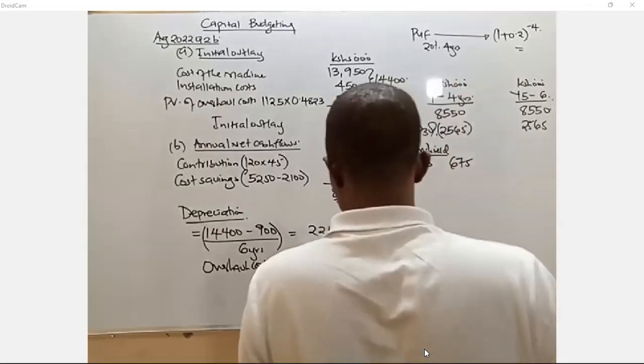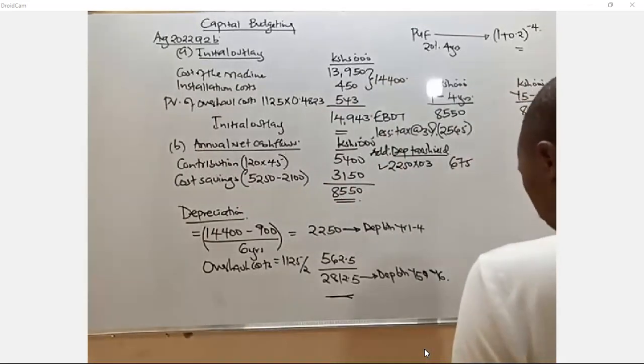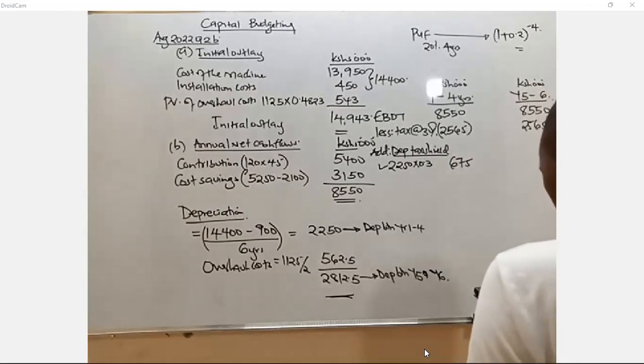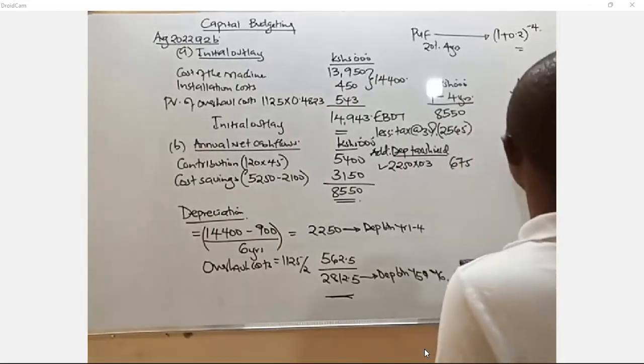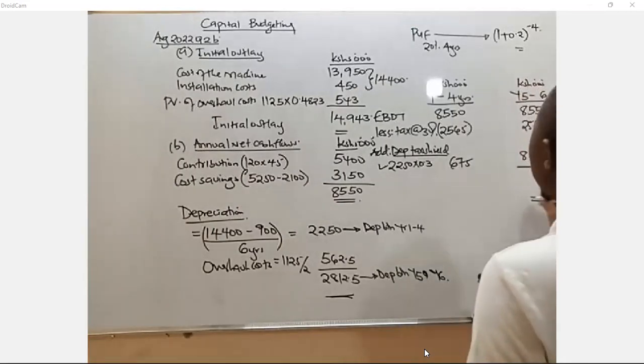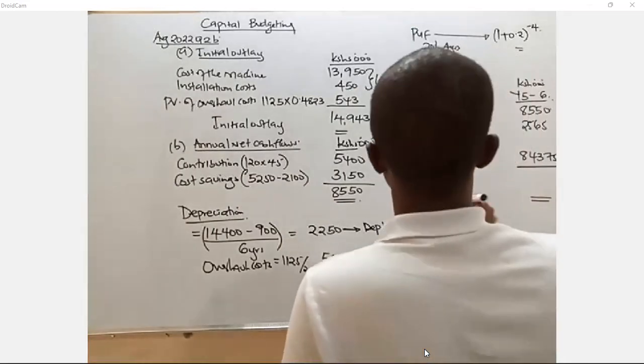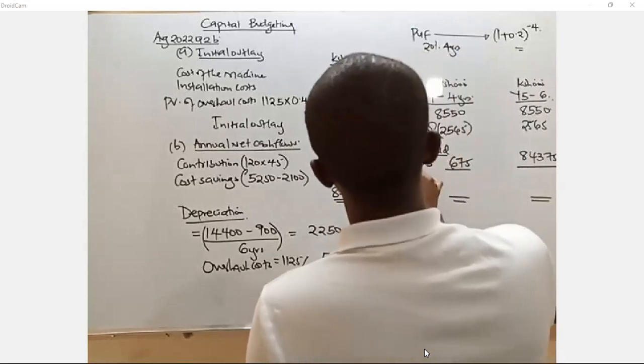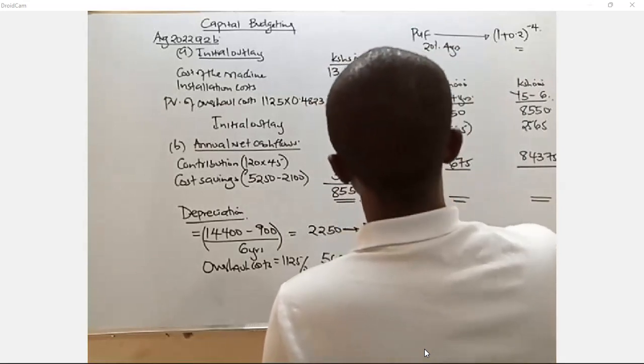On the other side it will be 2,812.5 times 0.3, getting 843.75. What is your annual net cash flows?